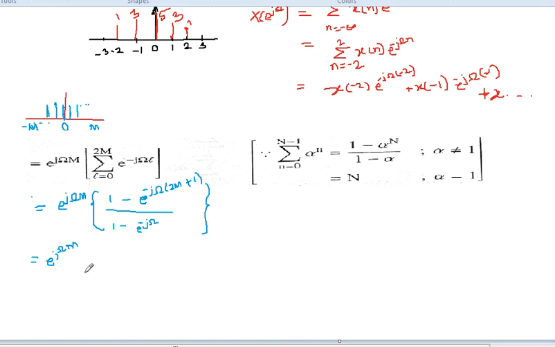From this term we take e to the power j omega (2M plus 1) divided by 2, that is half of the exponent, outside. So when we take half of this value outside, what remains in the bracket?